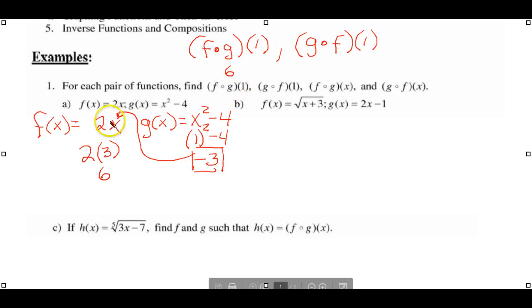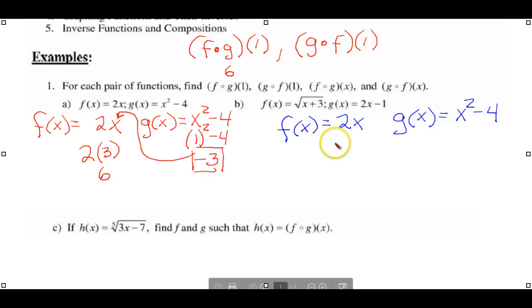Alright, let's do the next one, in which we're going to reverse the order. This one here, G of F. We're going to put the 1 in the F function first, then put it in the G. And we'll do it over here. So I'll do this G composed of F in blue. So we're going to take the 1 now and put it in the F function first. So 2 times 1 will be 2.